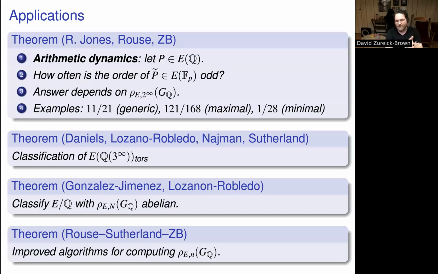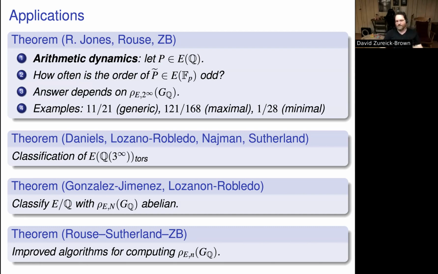It's 11 over 21. The largest it can be is 121 over 168. The smallest it could be is 1 over 28. And by the way, these don't exactly correlate to the size of the image of Galois. There's some adelic or p-adic integral that you have to do that computes this for you, that Jeremy and Rafe Jones had worked out in an earlier paper. So I like that application.